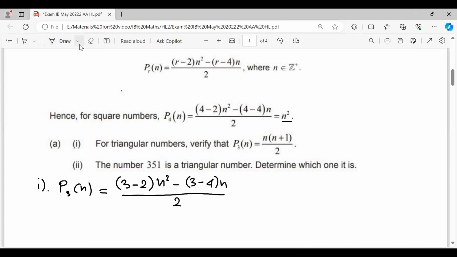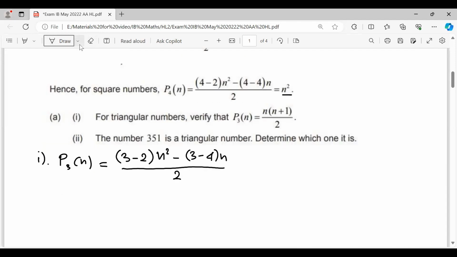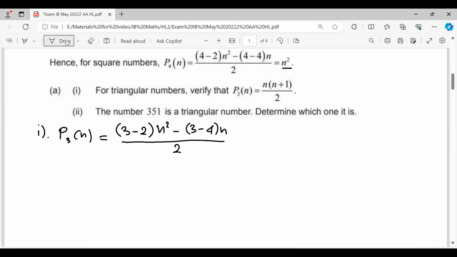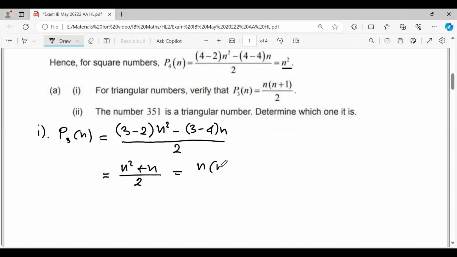Okay, I'm going to scroll down. So it will be (n squared plus n) over 2. Or we may simplify it, and it becomes n times (n plus 1) over 2.